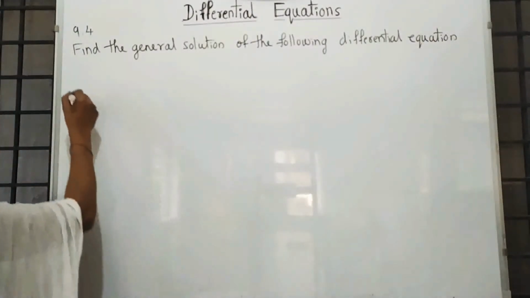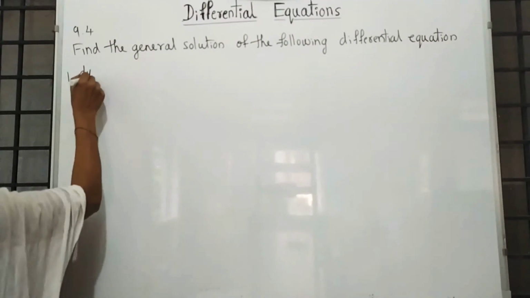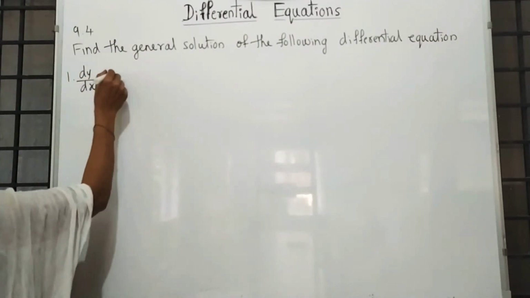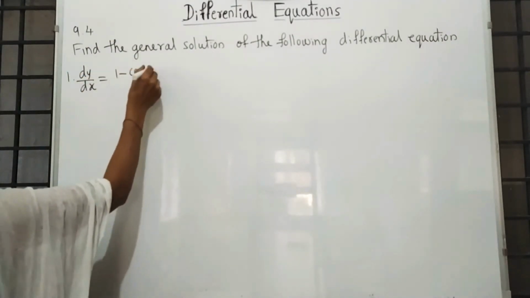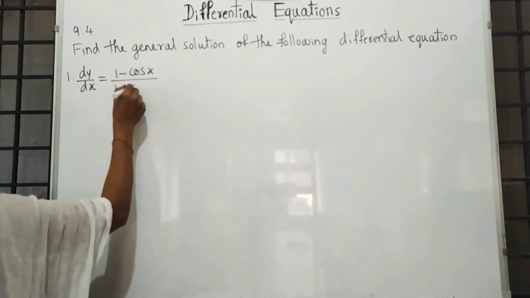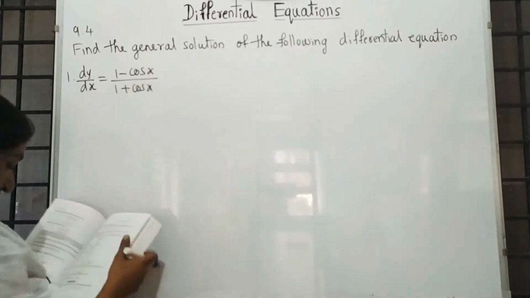See, first question, dy upon dx is equal to 1 minus cos x upon 1 plus cos x.